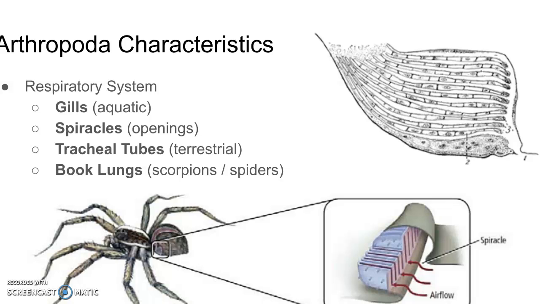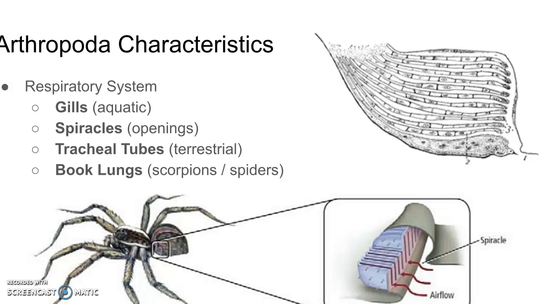So the lungs are little folded, they look like folded pages, this is why it's called book lungs, because they look like pages of a book that line up on the sides of the organism, and the spiracle comes in through, and all these folded tubes again have a high surface area and allow the air to travel in and travel through the animal.